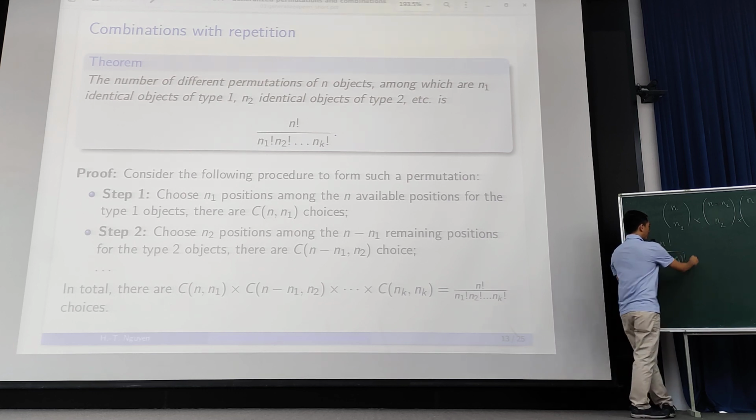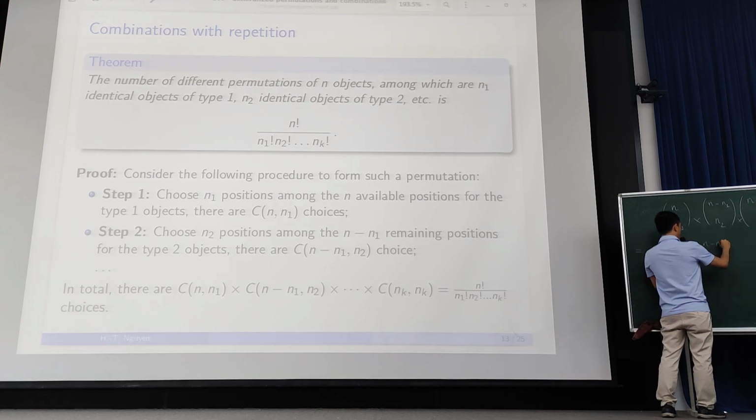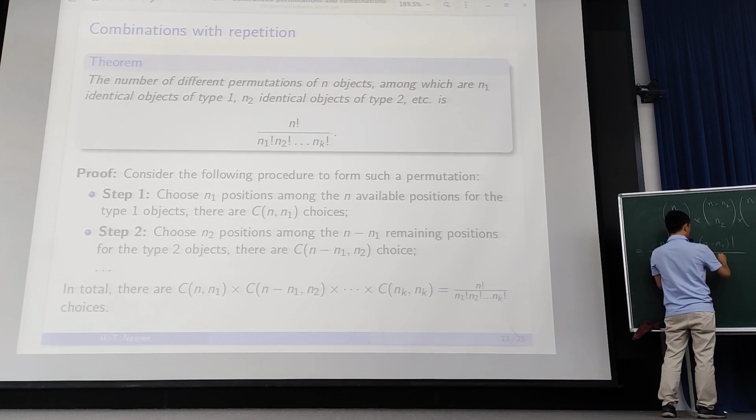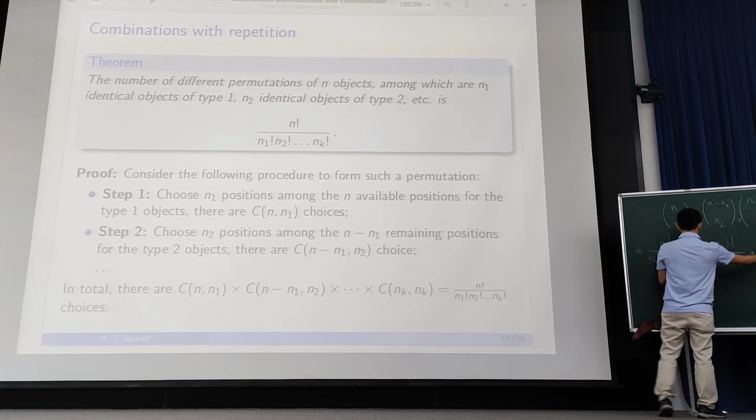And the second factor you write as n minus n1 factorial divided by n2 factorial times n minus n1 minus n2 factorial, and so on.